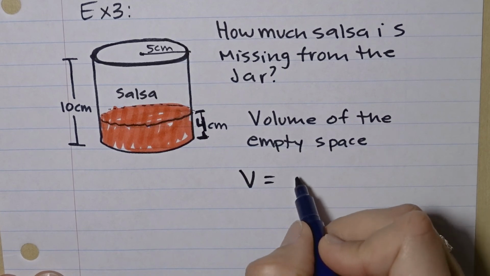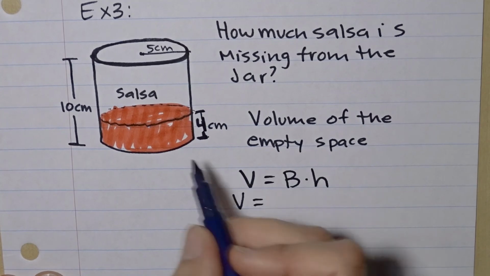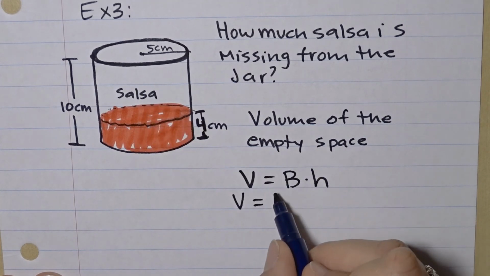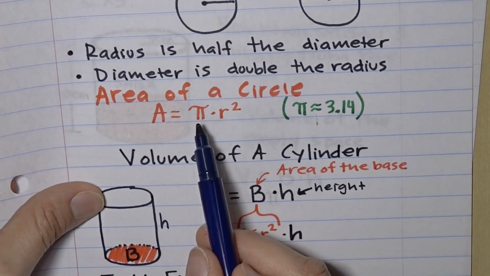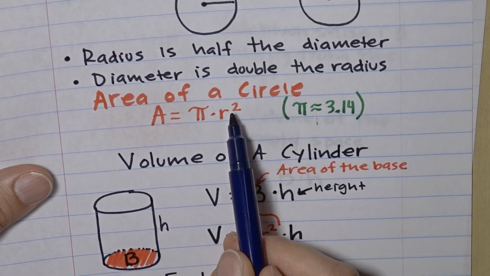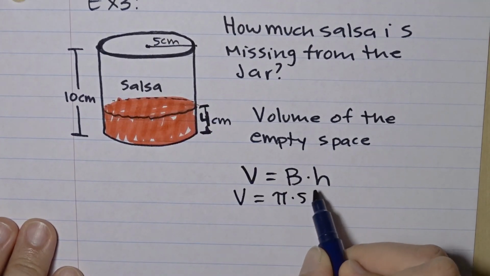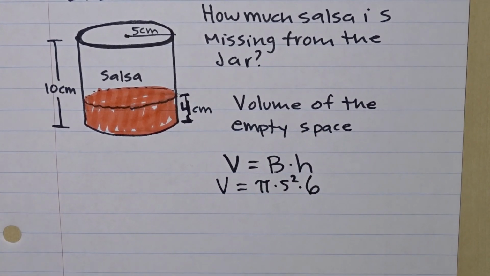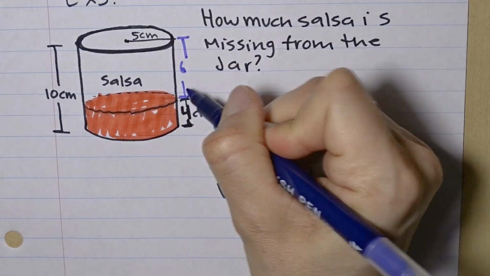So volume is going to be base times height. Volume we don't know. The base we do know, which is the same as the top, is pi, the area of a circle, right? The base is a circle, so we want pi r squared for that area of the circle. So pi times 5 squared times the height, which we said would be 6. So let me write that down. That was 6.